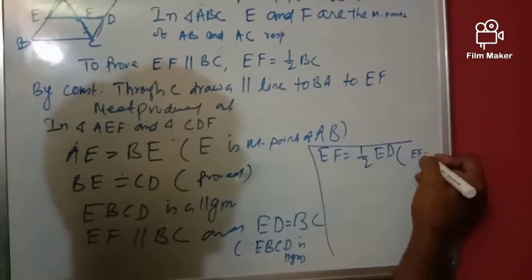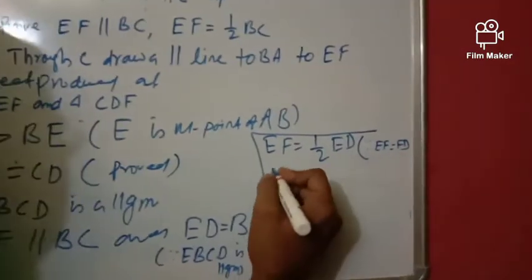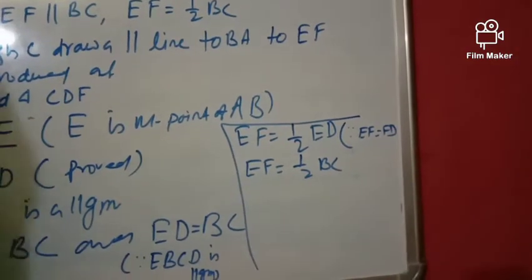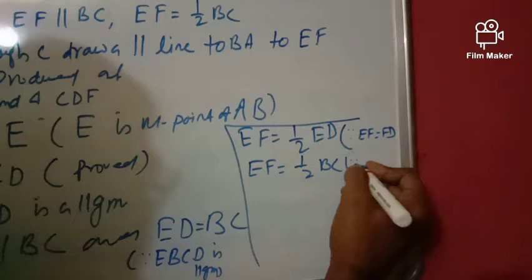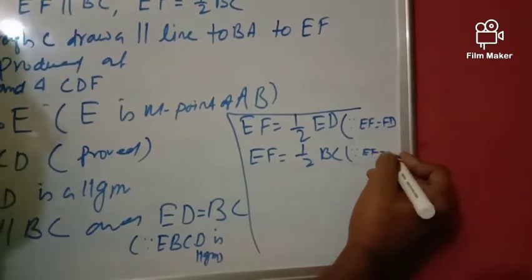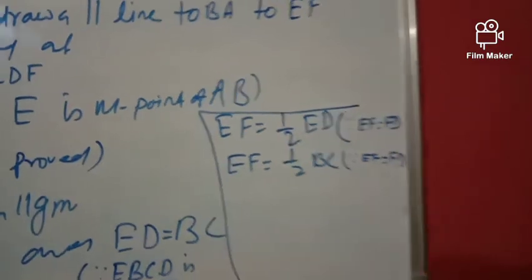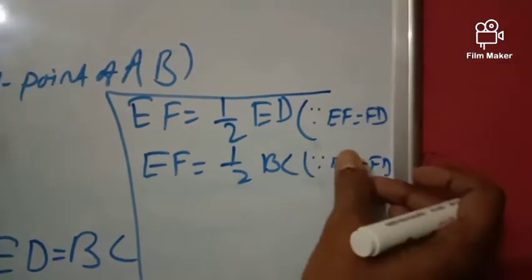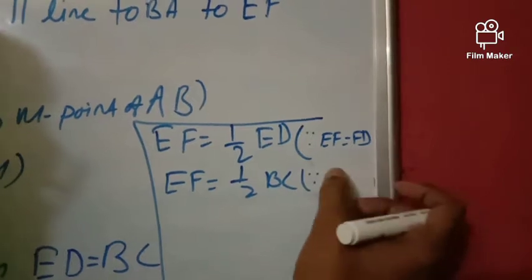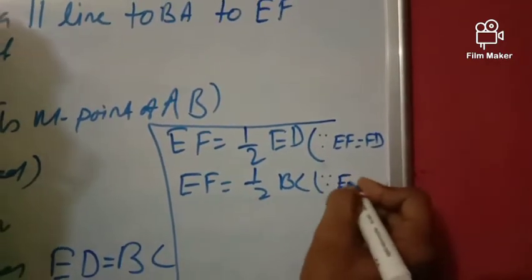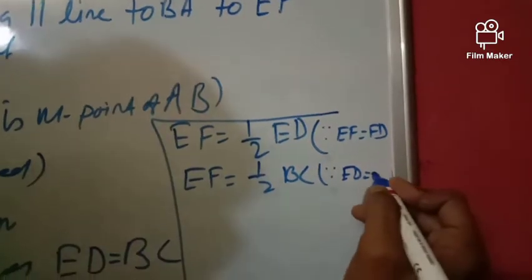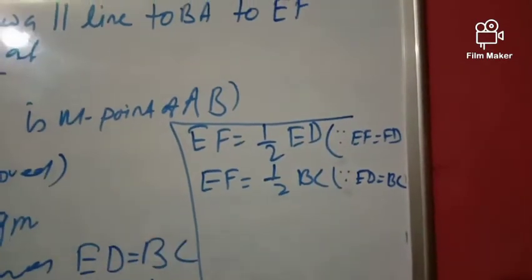And ED equal to BC, because above I have already written it. Therefore EF equal to half of BC.